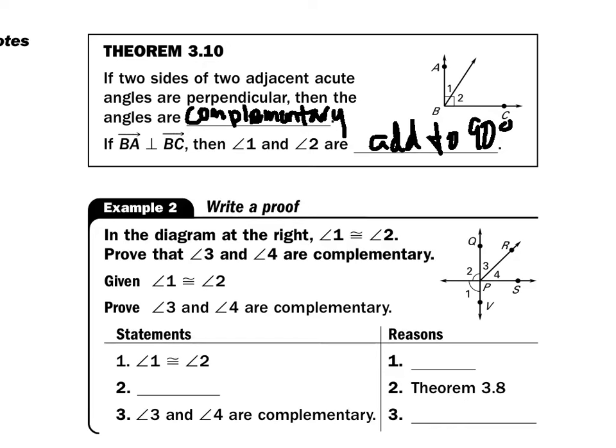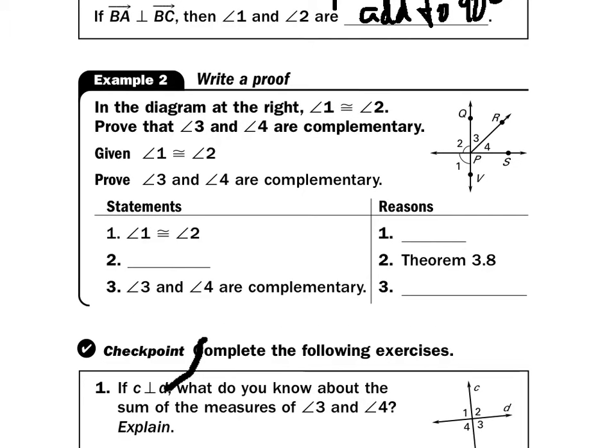In the diagram at the right, angle 1 is congruent to angle 2. Prove that 3 and 4 are also complementary. Okay, 1 is congruent to 2, and how do we know that? Yes, it's given. Now what can we say?